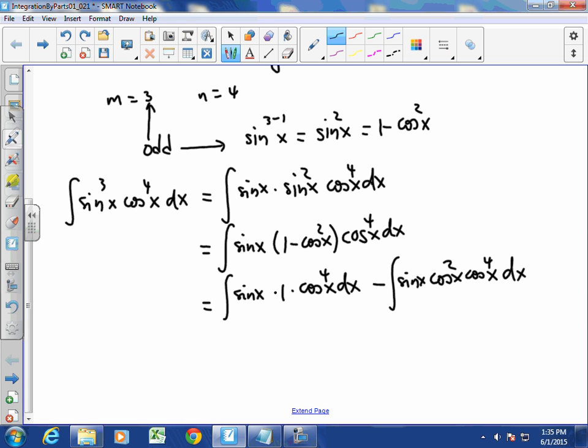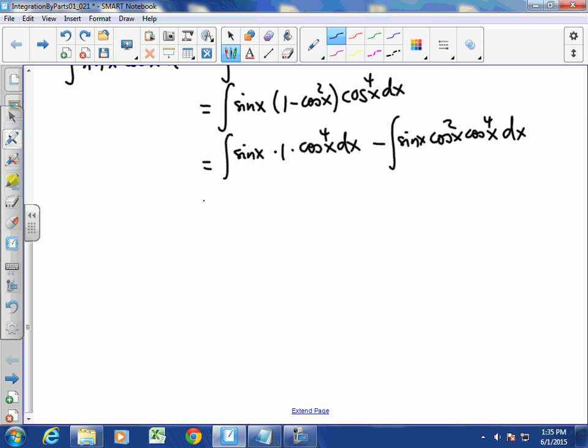So this is just basic algebra. So in doing this, we obtain integral of sine x cosine to the fourth x dx minus integral of sine x cosine to the 6th x dx.